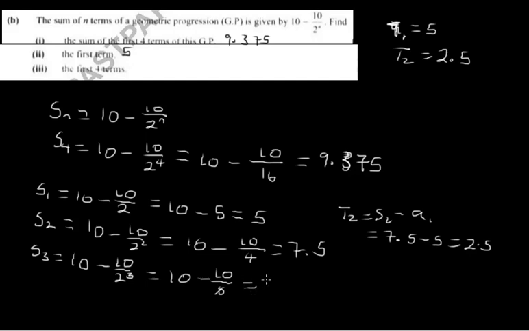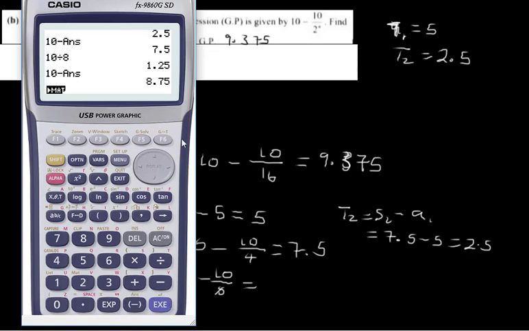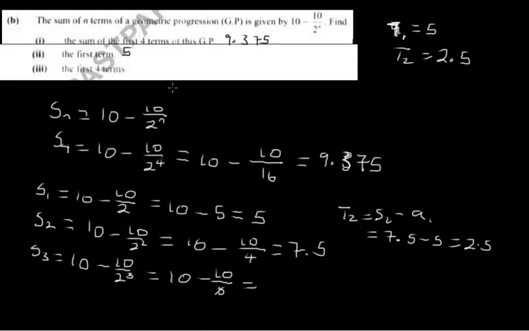So 10 minus 10 over 8, which gives us 10 divided by 8, then 10 minus the answer gives us 8.75.